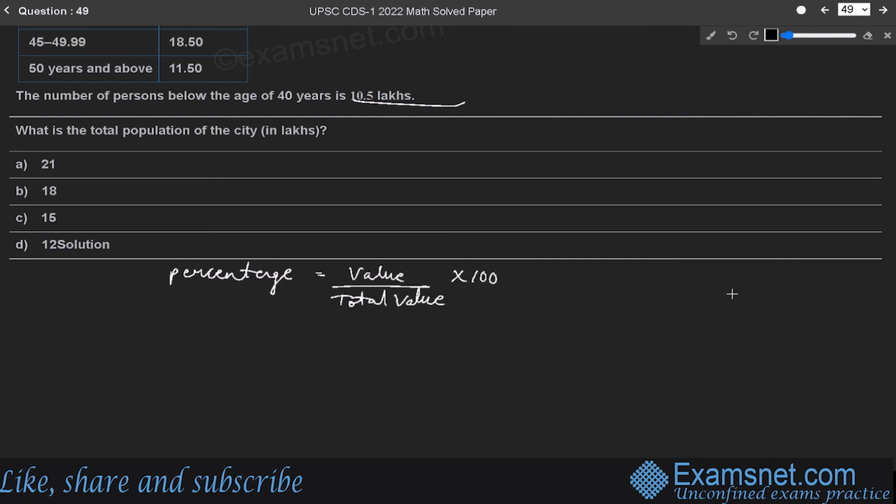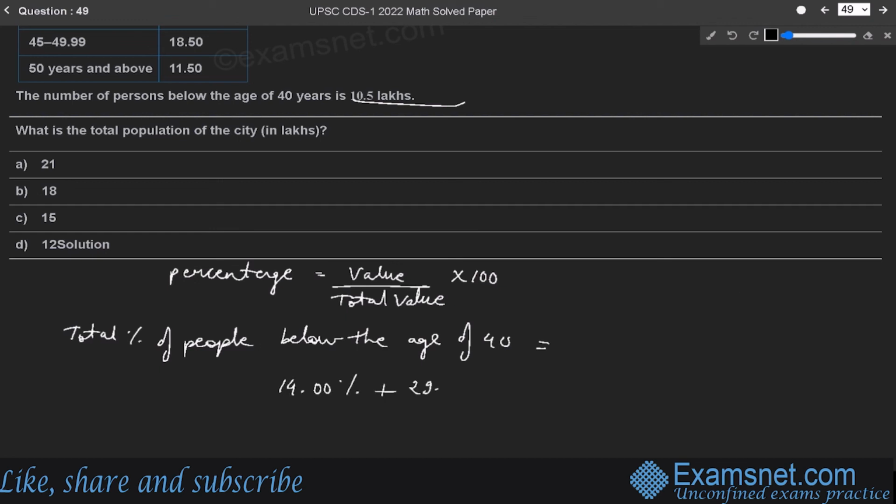So the total percentage of people below the age of 40 will be equal to 14.00% plus 29.75% plus 26.25%, which is equal to 70%.